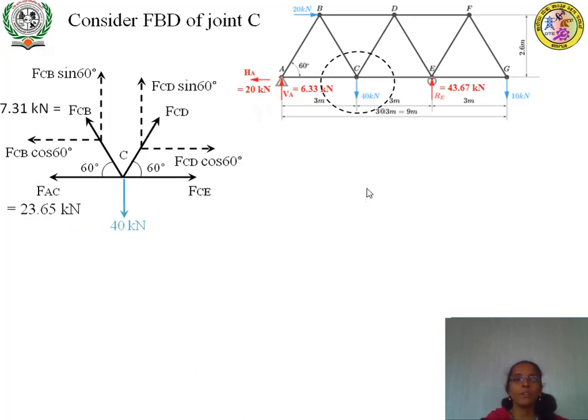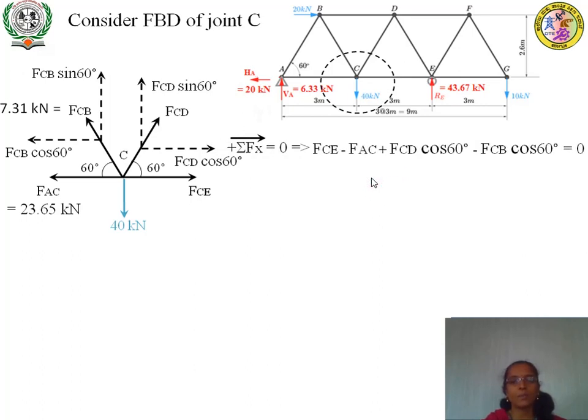Okay, now we can apply sigma Fx equals 0, which implies FCE, this is along X direction, therefore FCE minus FAC, and then plus FCD cos 60 minus FCB cos 60. You know the forces of CB and AC, so let us substitute them.